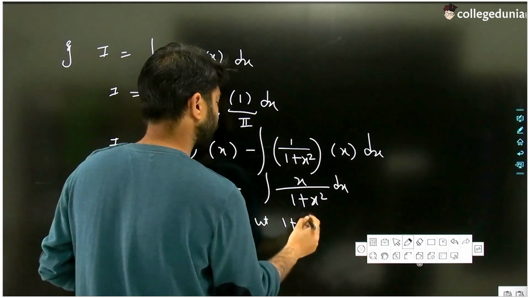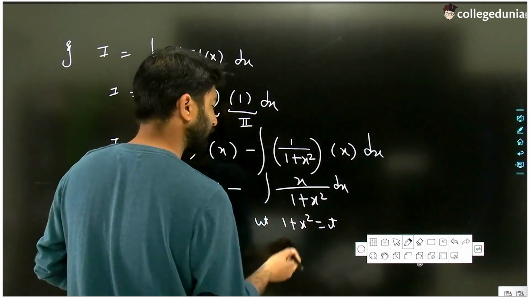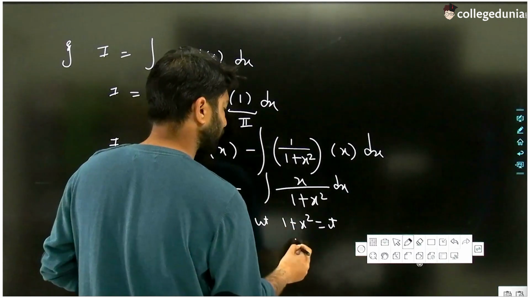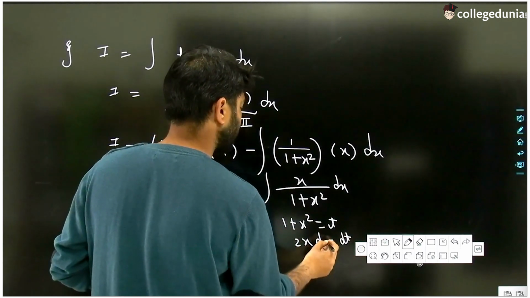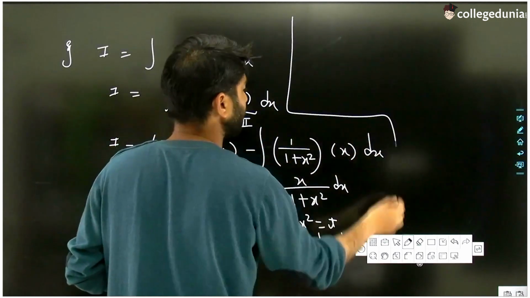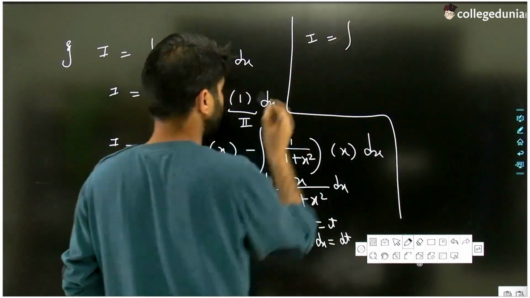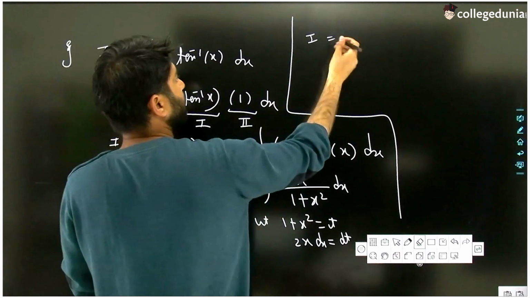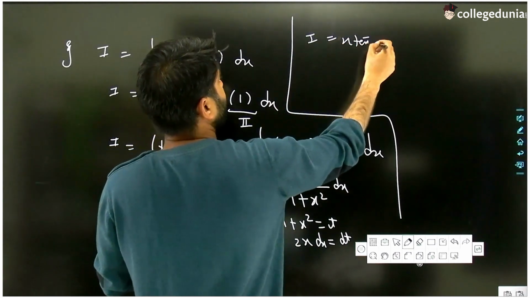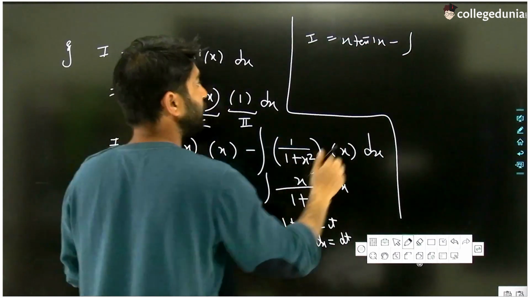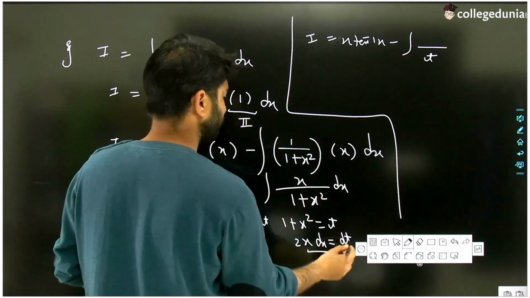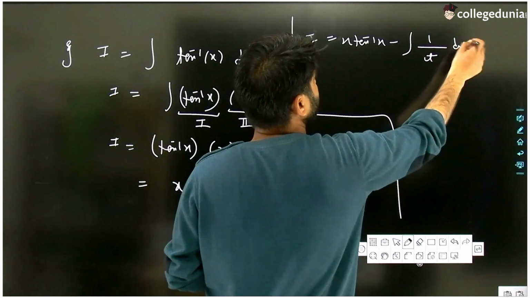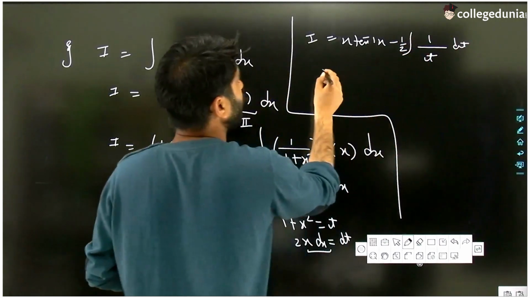1 plus x square can be taken as t. The differentiation of 1 is 0, the differentiation of x square is 2x, and the differentiation of t is dt by dx. So this will become x tan inverse x, and in denominator we have t, x dx will be dt upon 2.